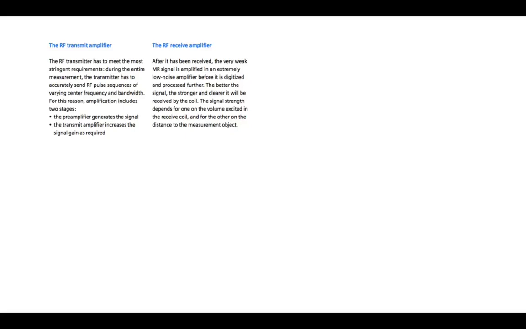The signal strength depends on the volume that's excited in the receive coil and on the distance to the measurement object. So this is why sometimes you have additional coils that are inserted inside the magnet. If you're doing a brain MRI, there's something known as a head coil. It fits in very close proximity to the head, so that you deal with this distance issue and improve your signal to noise ratio.